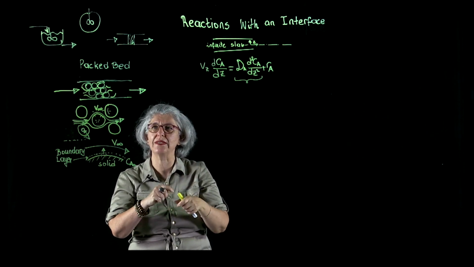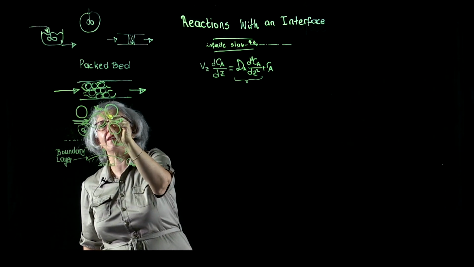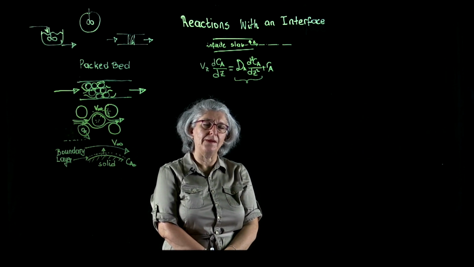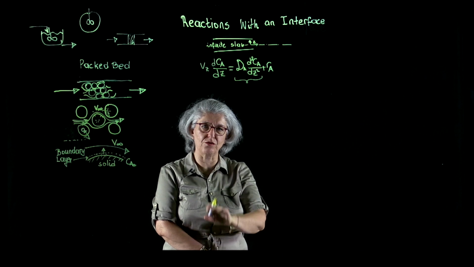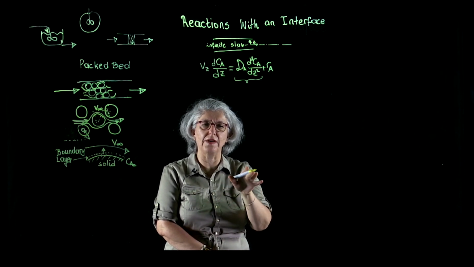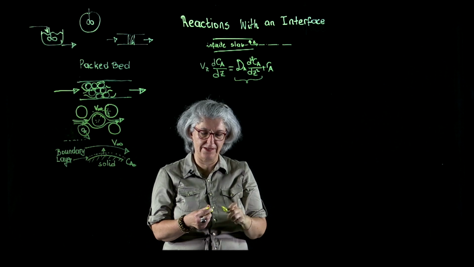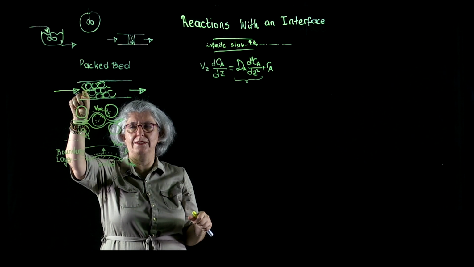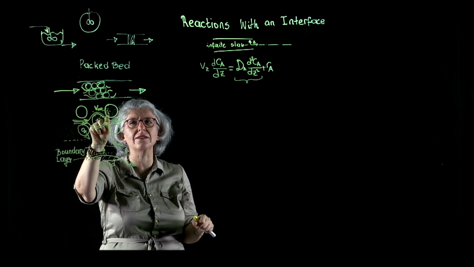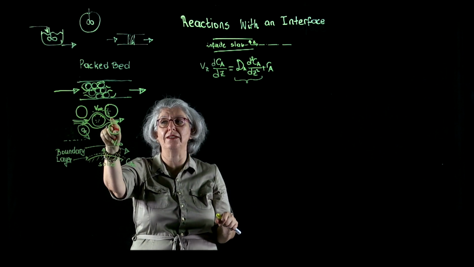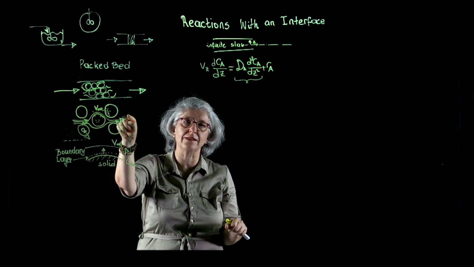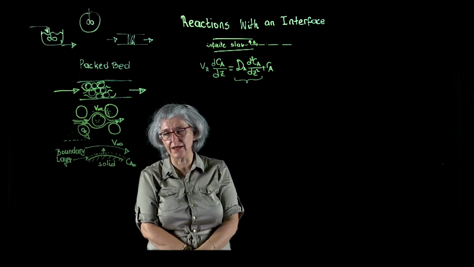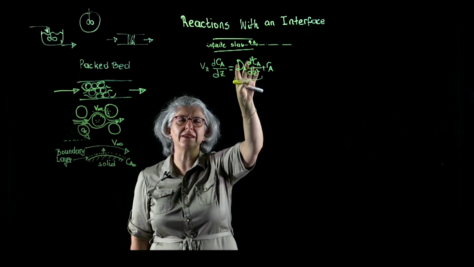through our system. Our system is the layer of the catalyst that behaves like an infinite slab. Now, our discussions so far brought us to the understanding that if the concentration in the bulk is close to the concentration at the active site in the bulk of the catalyst, then our effectiveness factor is 1, and diffusion is rapid.